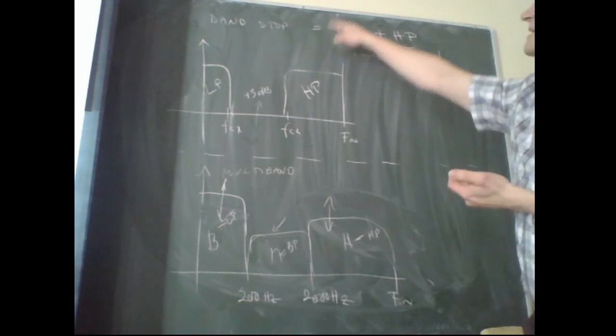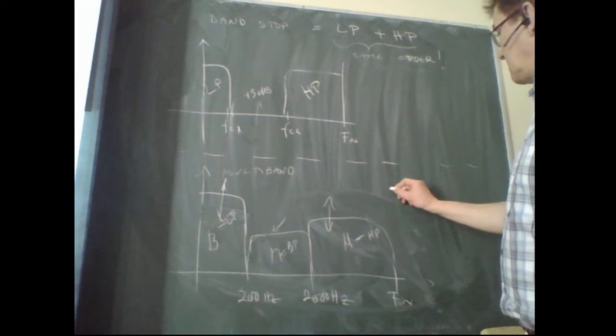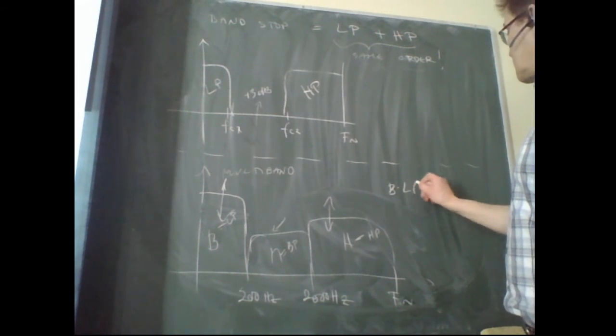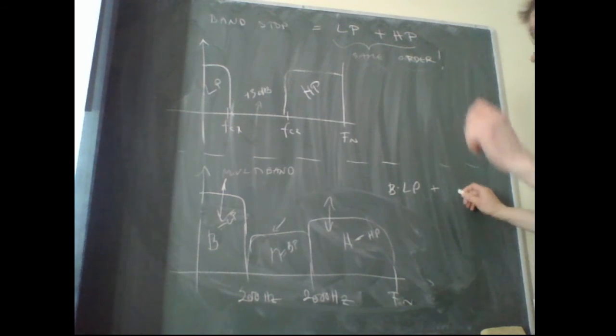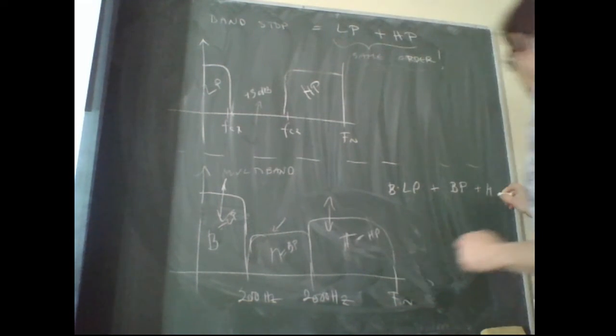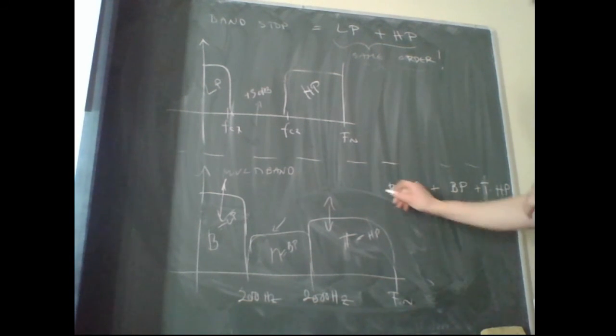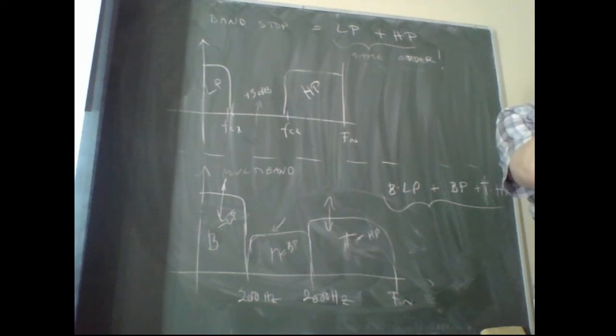But in here, you can just add, for example, this multiband, meaning that you have B times the low pass filter coefficients. Then you have the bandpass filter coefficients, and then you have H, well, is that T? T times the high pass filter coefficients. So you calculate these coefficients and just have one single filter implementation for the data. Okay. But in IIR, you practically have to make 3 different filter implementations.